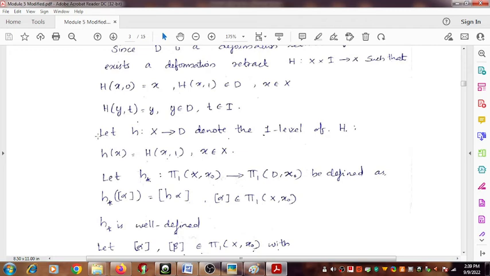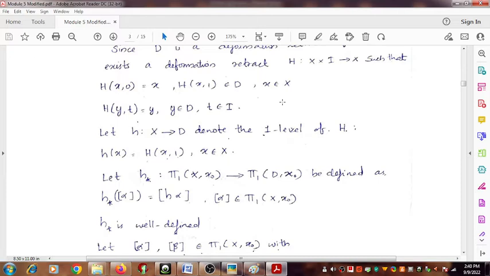And next we define another function h. We define h from X to D. That can be defined as a function, and that is actually one level of H. So it can be called a special case, or particular case, of the deformation retraction.